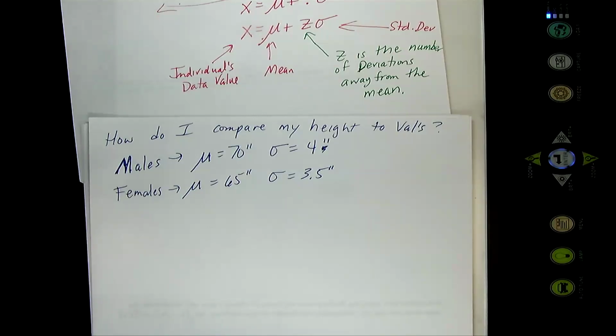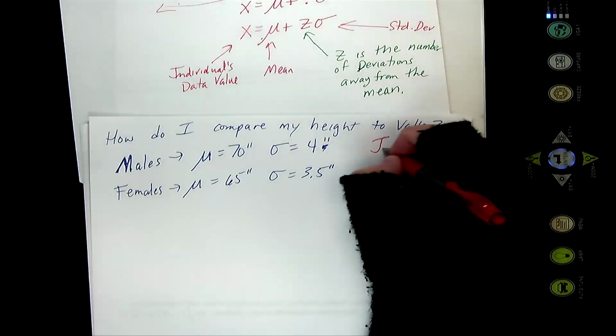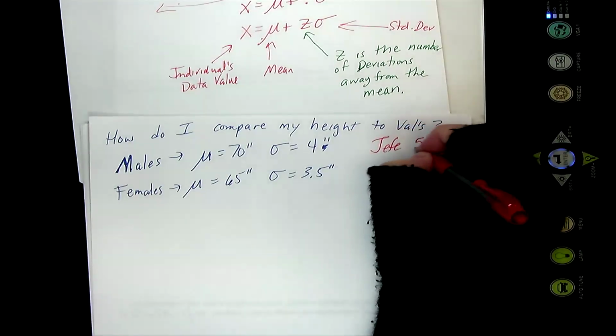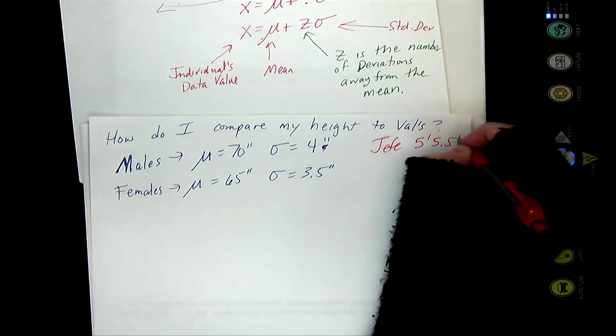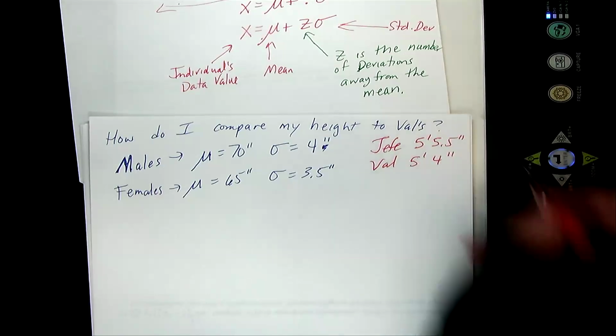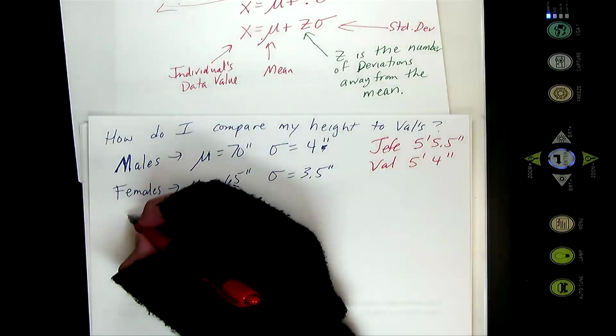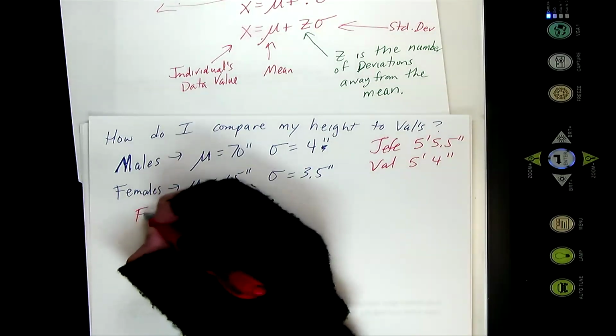Well, we're at a little bit of a dilemma here. I said I'm 5 foot 5.5 inches, and Val said she's 5'4". So we've got feet and inches, while the standard deviation and the mean are in inches. So we need to convert both of us to inches, going from feet and inches to just inches.